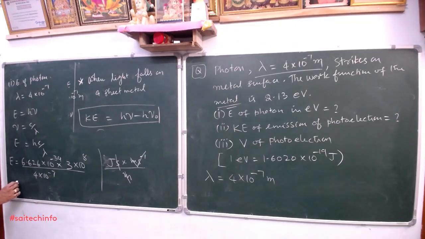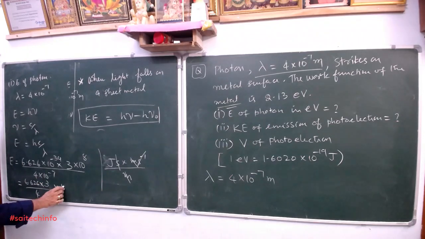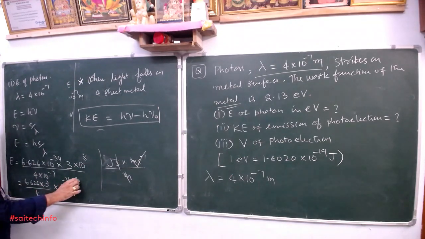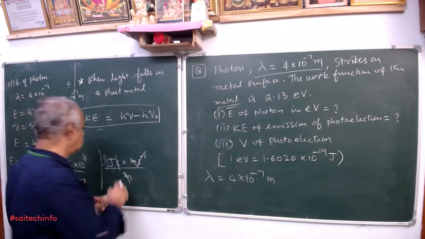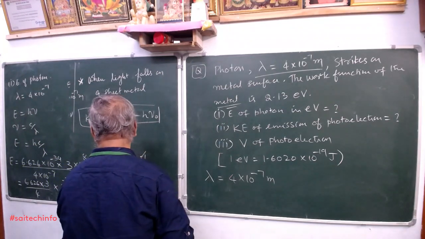Now 6.626 into 3 divided by 4 into 10 power minus 34, and you have 10 power 8, so plus 8, and then 10 power plus 7, is it not? Am I right? So this is going to give you joule only.